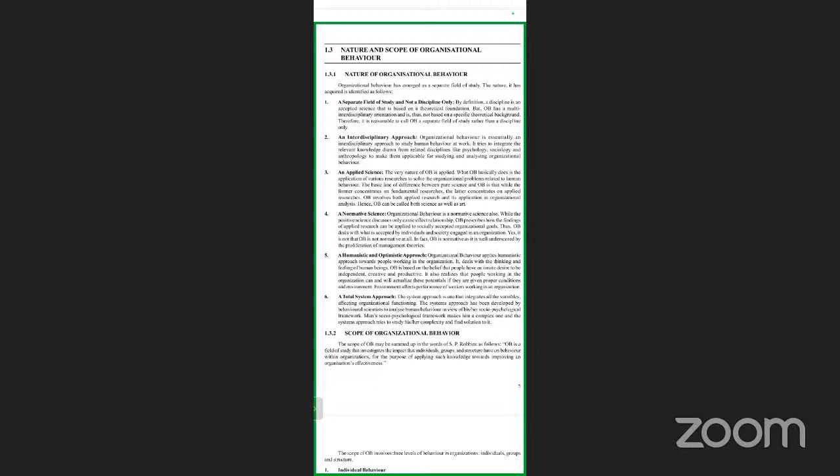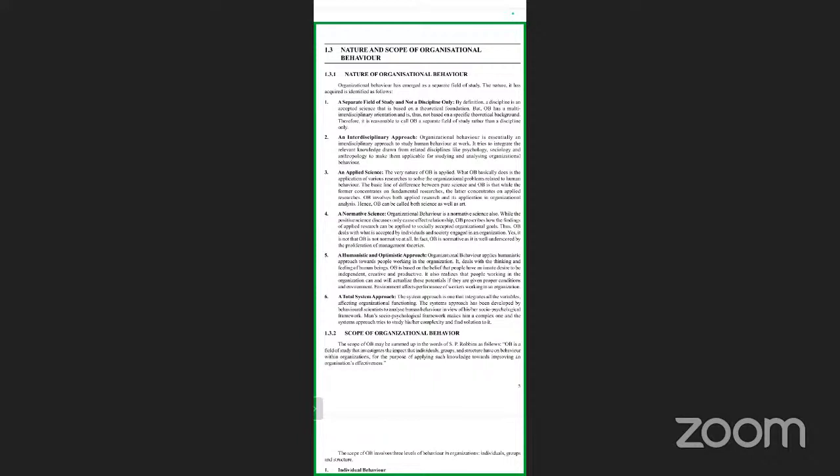Then we have normative science. Yes, organizational behavior is also a normative science. It tries to understand the findings of the applied research, and in line with the organization, how this application is working.